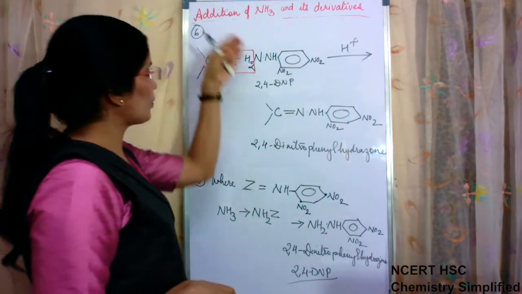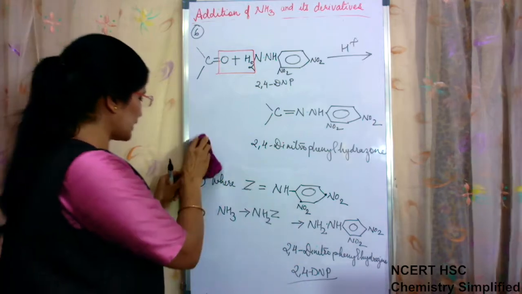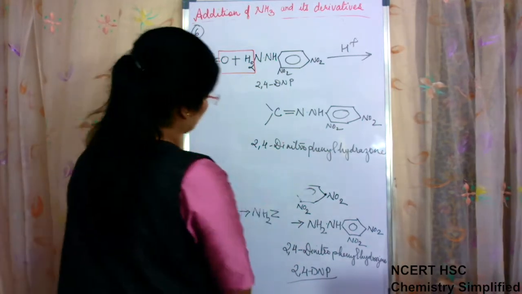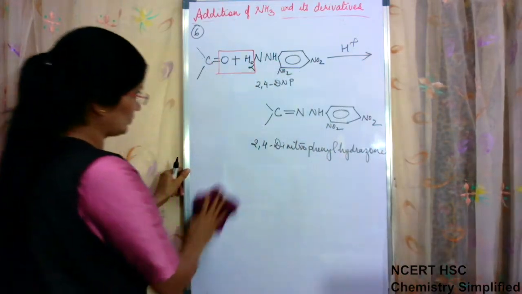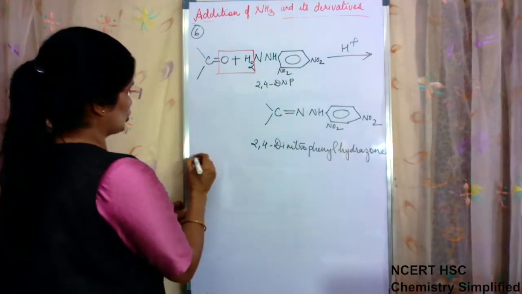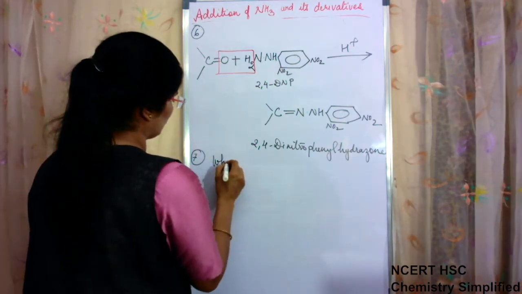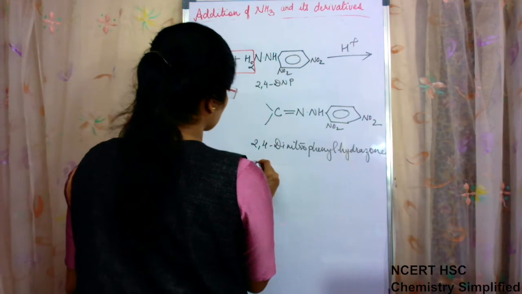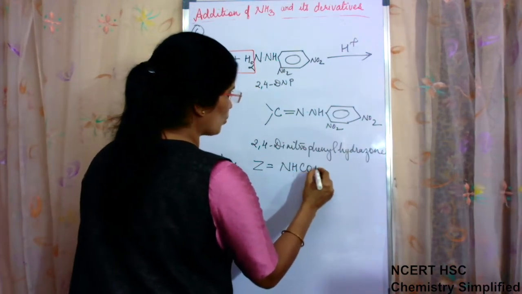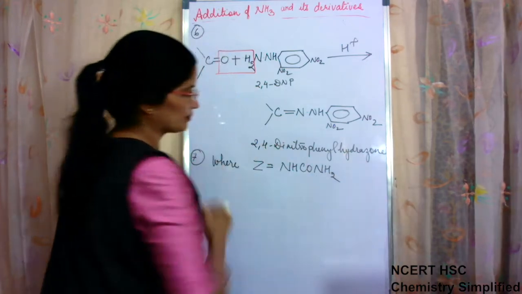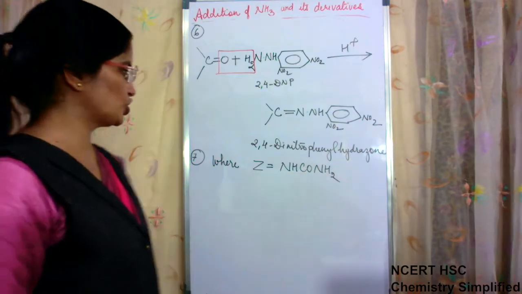Now in this group of reactions, addition of ammonia and its derivatives, one last reaction is left. Reaction number 7, where Z is equal to NHCONH2. In this reaction, the Z group is NHCONH2.